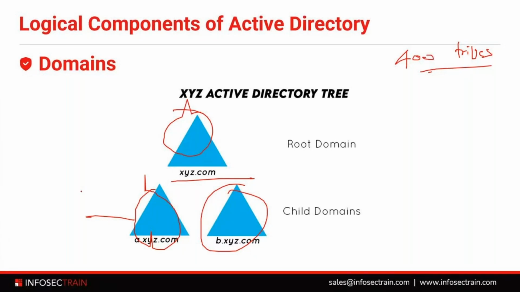So maybe I'll put an administrator here. One admin will be managing a.xyz.com. The second admin will be managing b.xyz.com, right? So the burden is less, right? Now Active Directory is divided into multiple partitions. Why? To improve efficiency. The domain is also a partition of Active Directory, right?